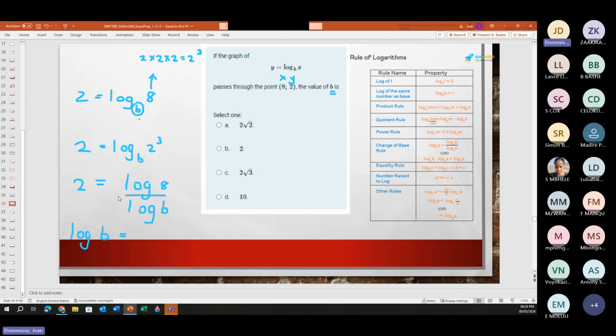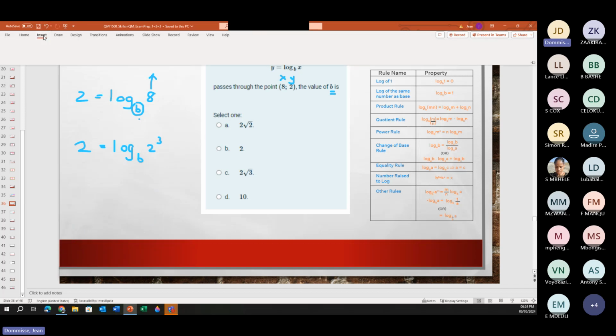Okay, so let's quickly just look at those rules. And if there's a problem with the sound, you can always type as well. It might be that.